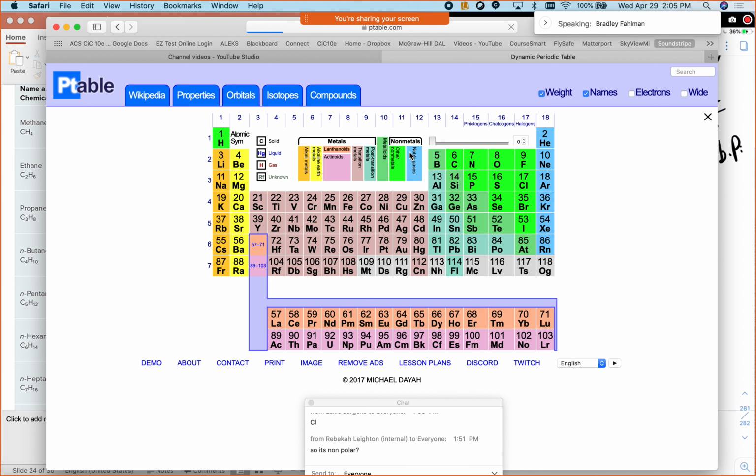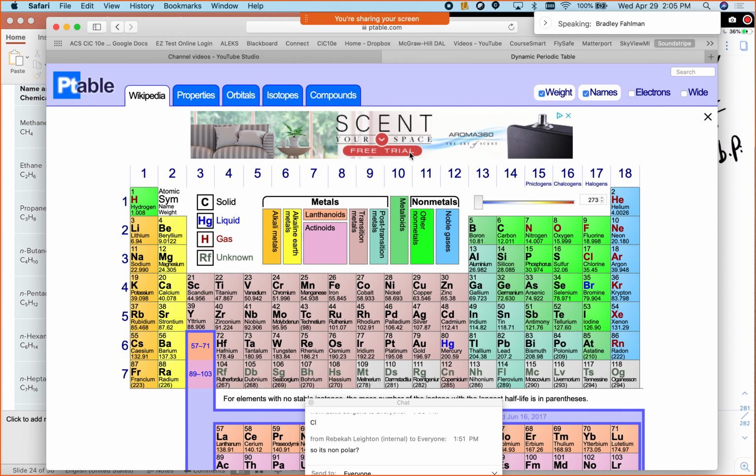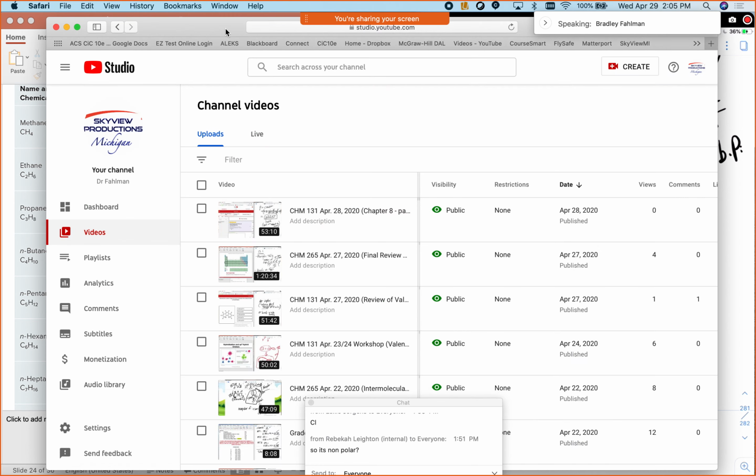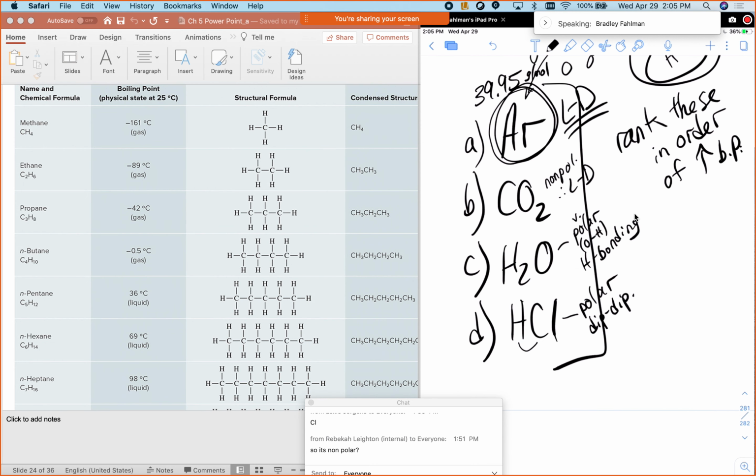The atomic mass of argon is 39.95 grams per mole. And then CO2 is about 44 grams per mole.